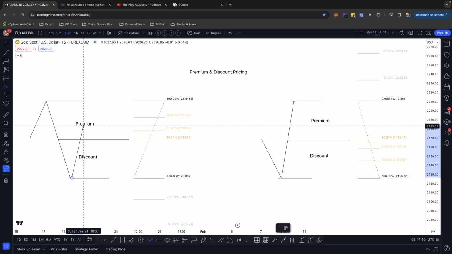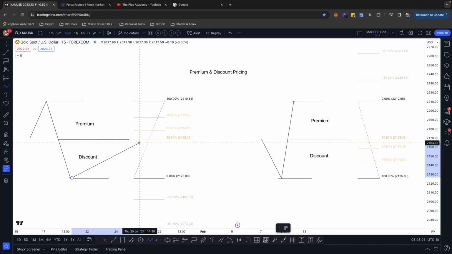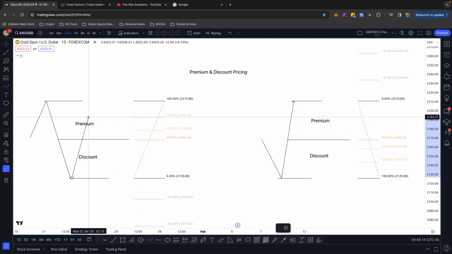Premium pricing, when you're utilizing your Fibonacci tool, and I'll show you guys these settings, means we want to look for sales when price gets to 50% or greater. This is our golden zone. When price gets up to premium pricing, this is where we want to look for sales, because it allows us to have a better risk to reward.